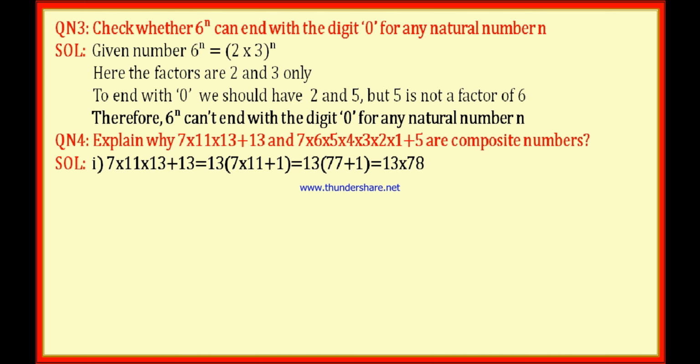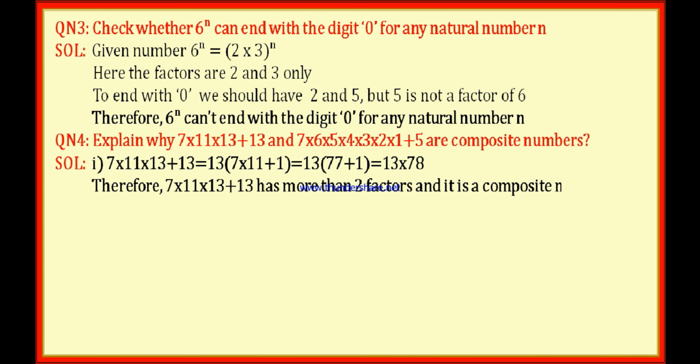If you observe this, it has 1 as a factor, and it has the whole product as a factor, and 13 is a factor, and 78 is also a factor, and besides this there are 2 and other factors also. Therefore there are more than 2 factors. Since there are more than 2 factors, this given number is a composite number.